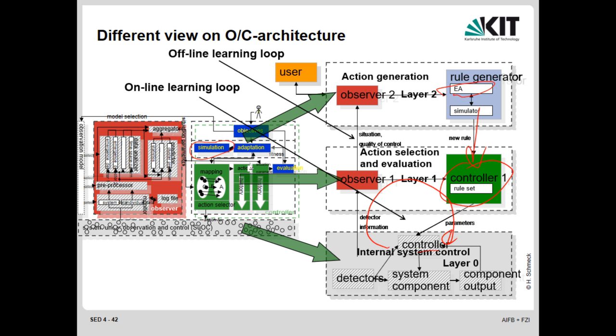Yeah, so this is something. If you look into literature on architectures for self-organizing systems, you very often find architectures which are separated into these layers. So this is something which we can find in many different areas.